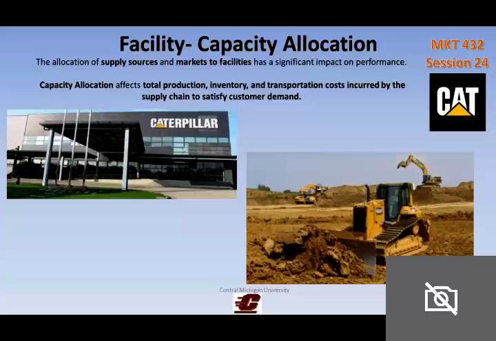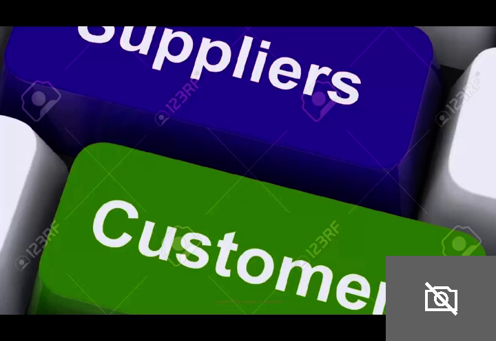So it's both from a supply source perspective, as well as your customer market, and the capacity allocation affects production, inventory, and transportation costs. So again, market allocation, it's both suppliers as well as customers.